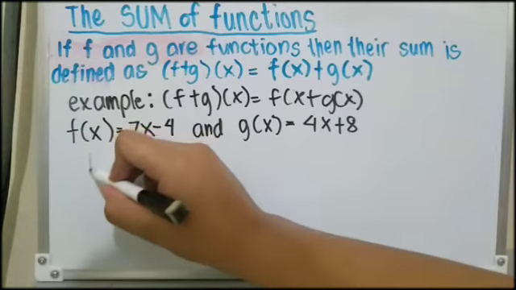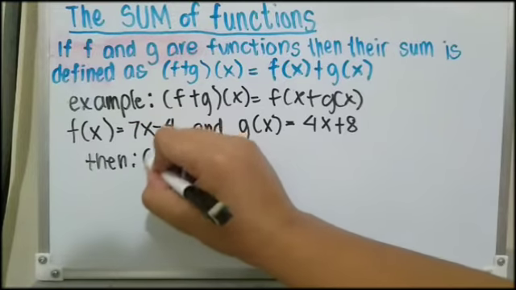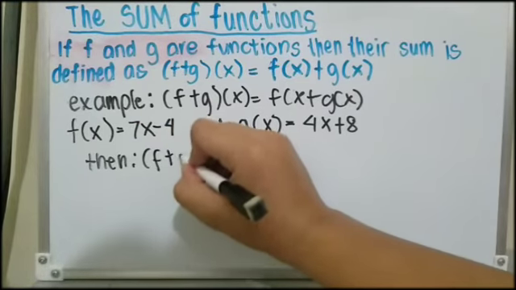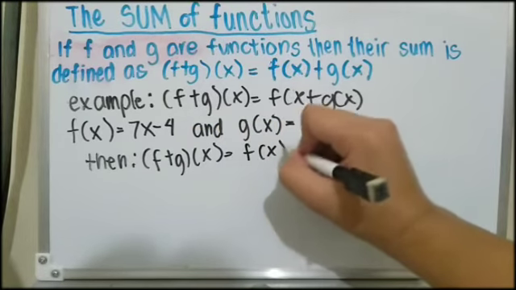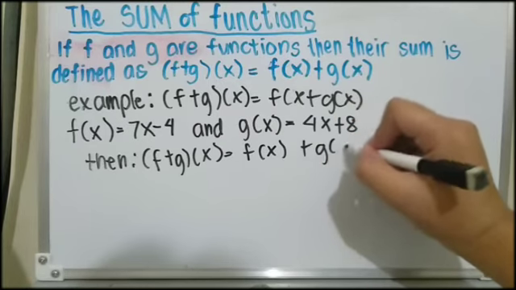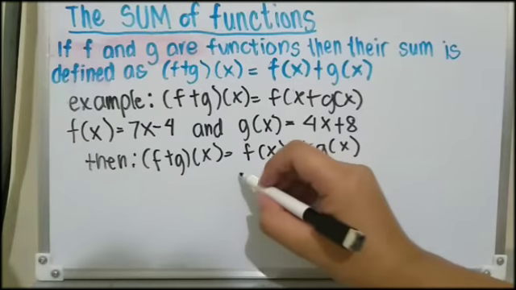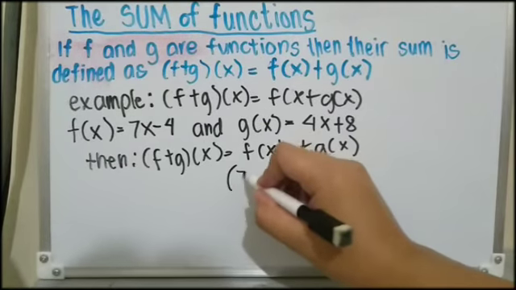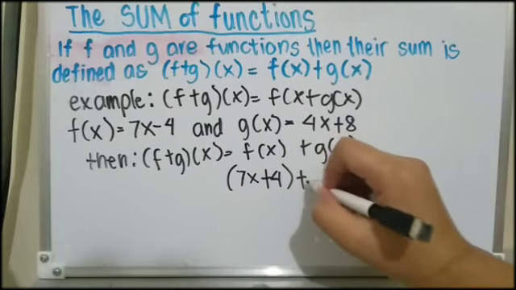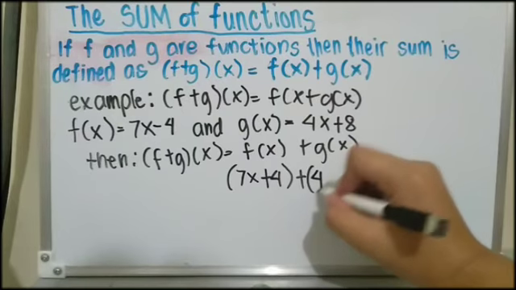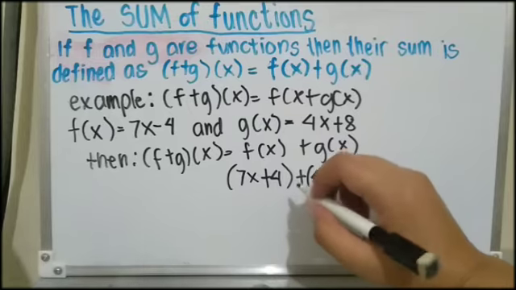Then let's start to solve it. (f plus g)(x) is equal to f(x) plus g(x). So the value of f(x) is 7x minus 4, plus the value of g(x), which is 4x plus 8.